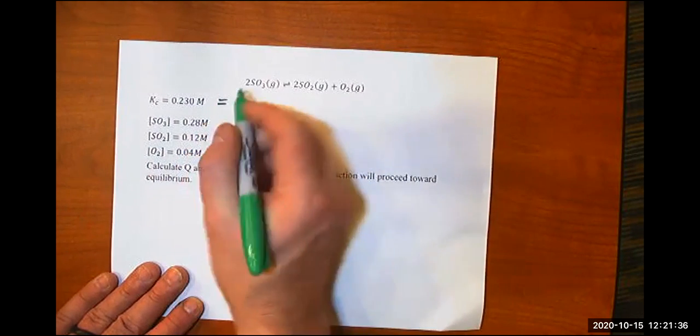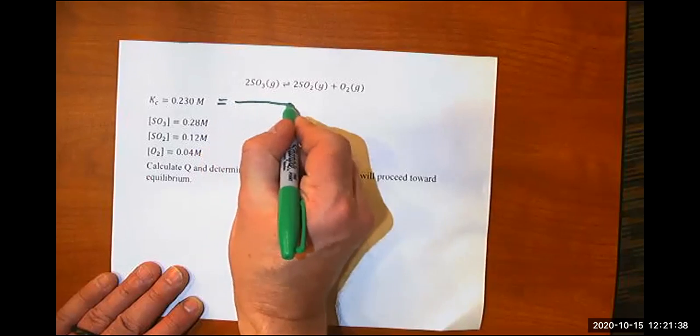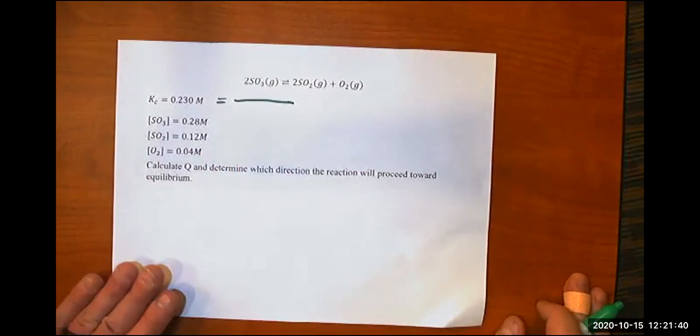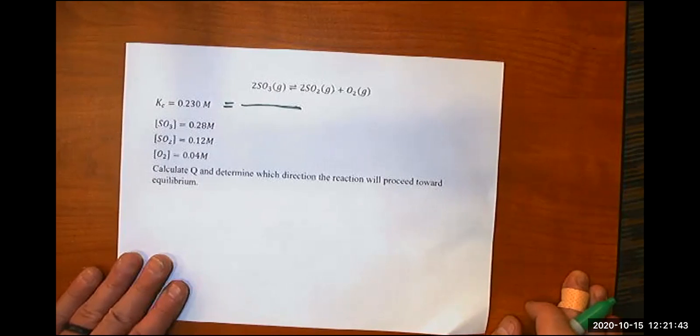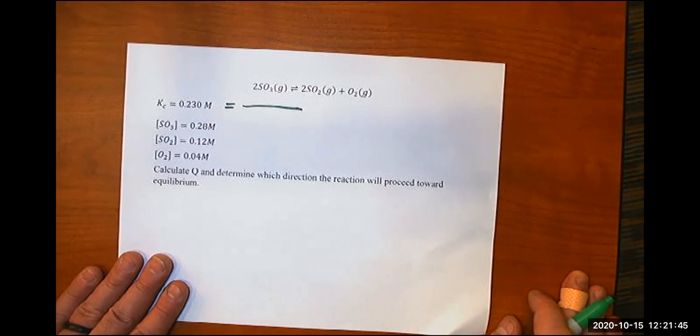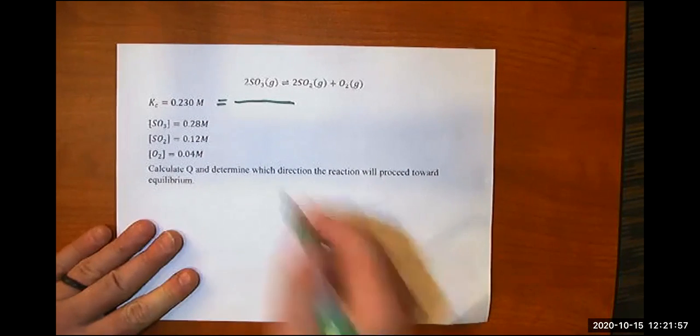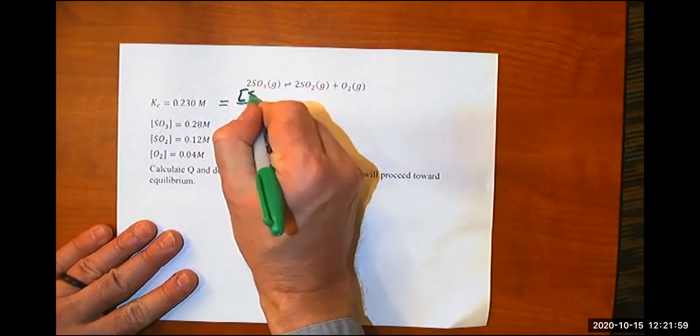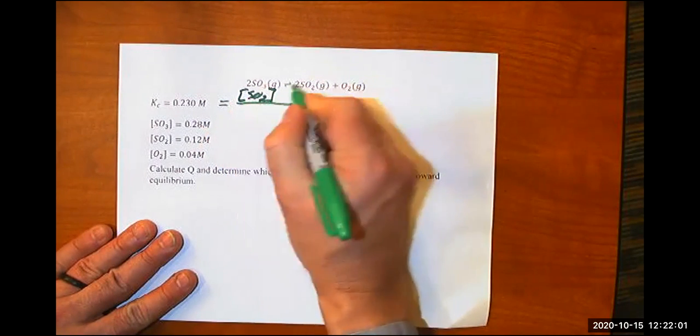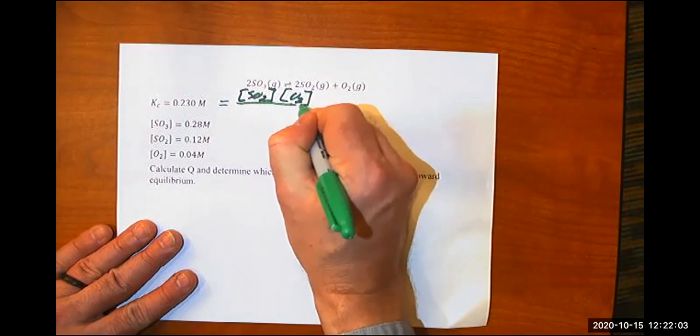So it's almost always going to be a fraction. I'm going to go ahead and put the fraction line. What are we going to put in the numerator? The products, okay. So I'll put an SO2. I'll put an O2.